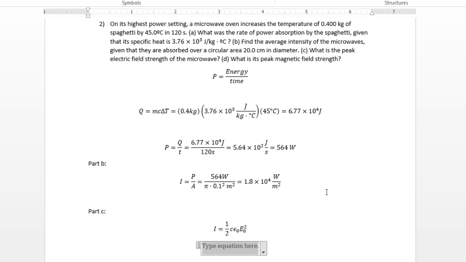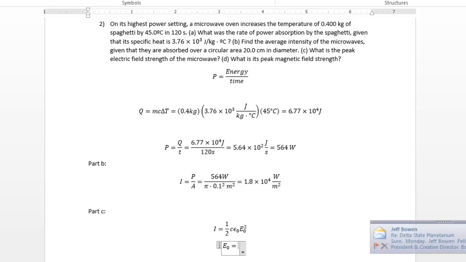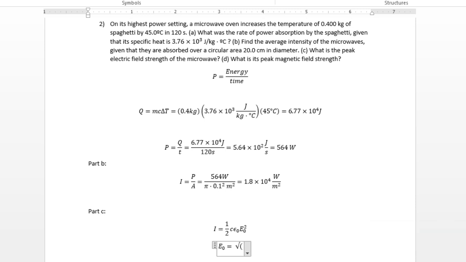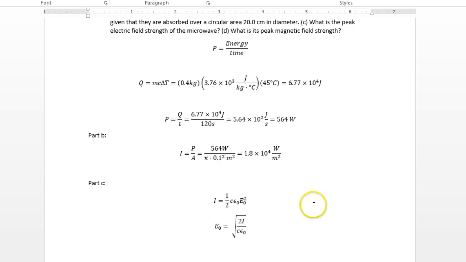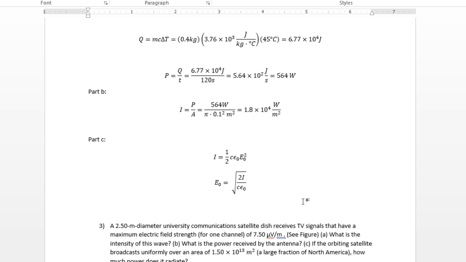All right. So if we're going to solve this for E naught, E naught equals the square root of 2I divided by c epsilon naught.